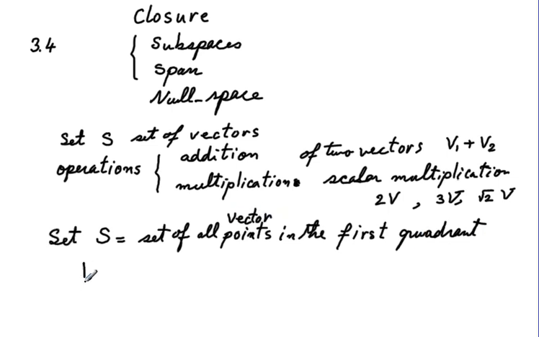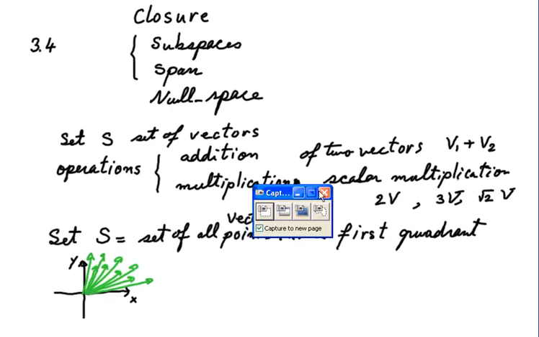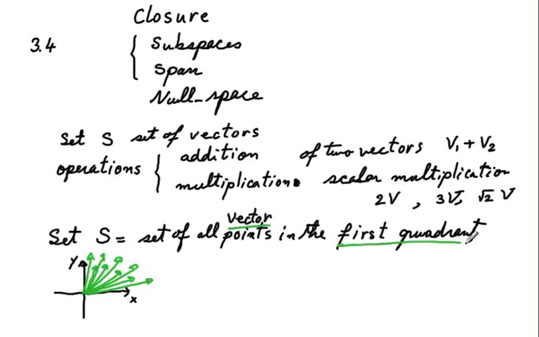What do you mean by quadrant? So we have our standard coordinate system, and then we are focusing on all the vectors who happen to be in the first quadrant, meaning all of these type of vectors. So set of all vectors in the first quadrant, all this green region.